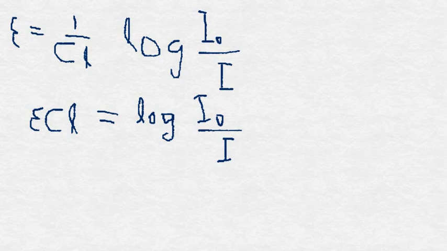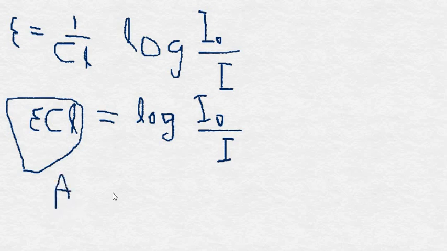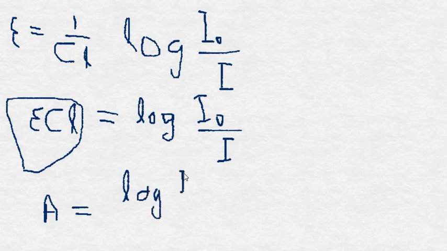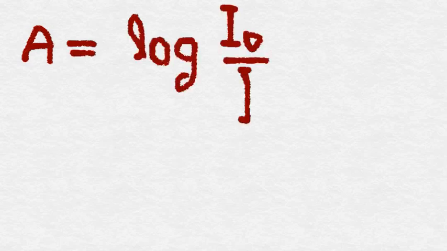The above equation can be rewritten as epsilon CL equal to log I naught by I. This portion epsilon CL is known as absorbance and is expressed by capital A. So we can rewrite it as A equal to log I naught by I. So we have derived the formula to calculate the absorbance.